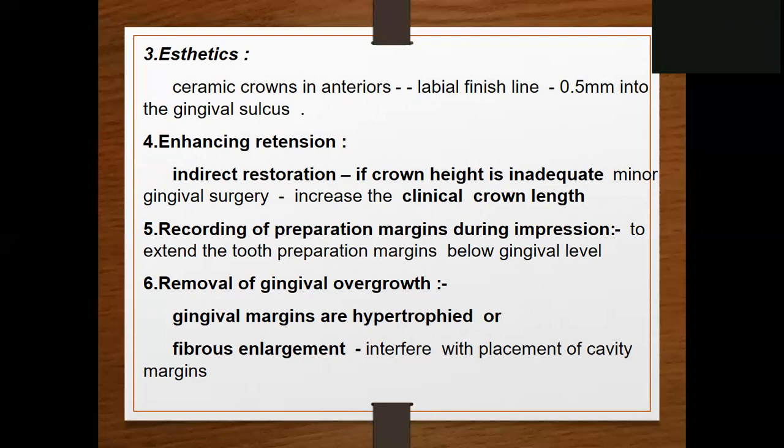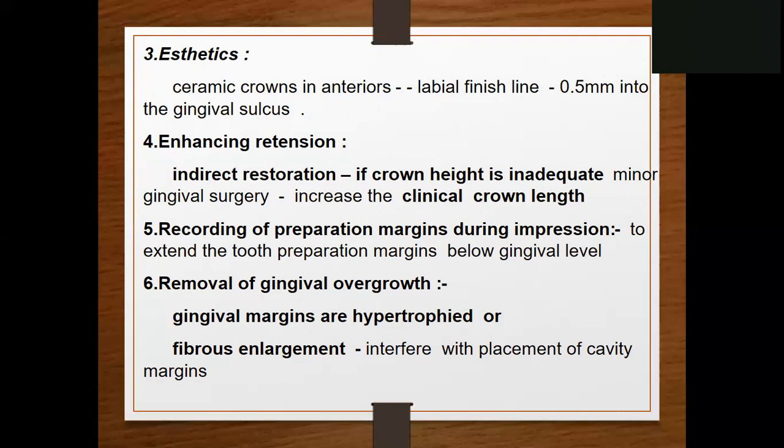Then the fourth indication is to enhance the retention of the restoration. This is mainly seen in case of the indirect restoration, that is, in case of inlays and onlays, cast restoration, etc., where there is tooth preparation as well as impression taking. If the crown height is inadequate, then minor gingival surgery is necessary in order to increase the crown length.